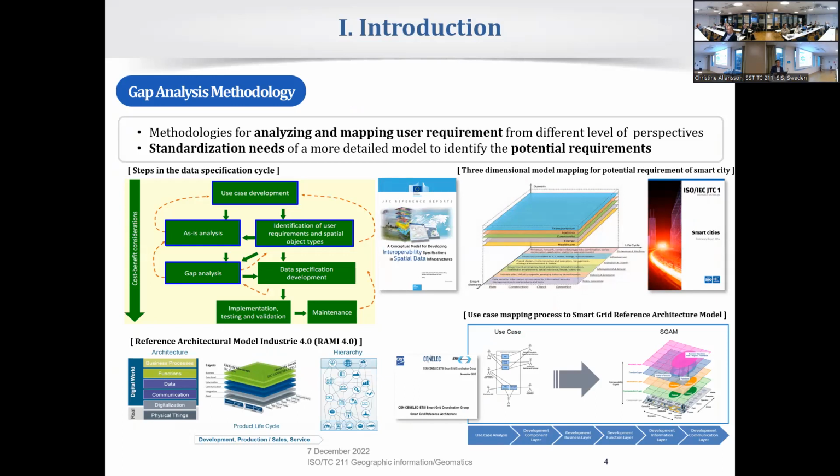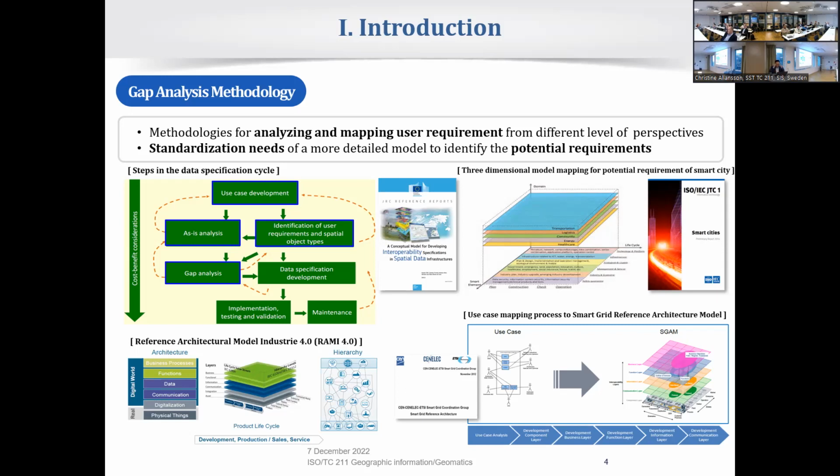We have a JRC report, and then we also have RAMI from Germany, and we also have ISO IEC JTC1 Working Group 11 on the three-dimensional model mapping for potential requirements of smart cities. And one thing, I'm sorry that I made the slide so tiny.